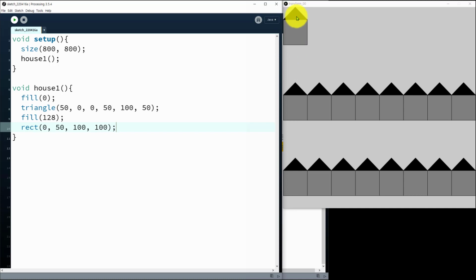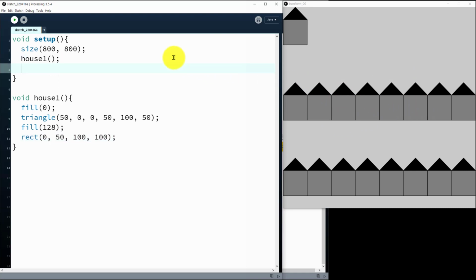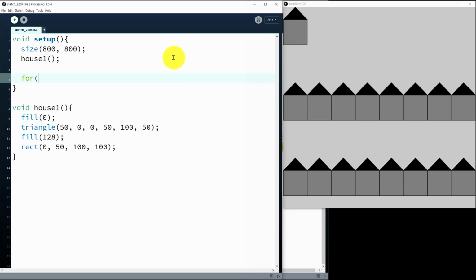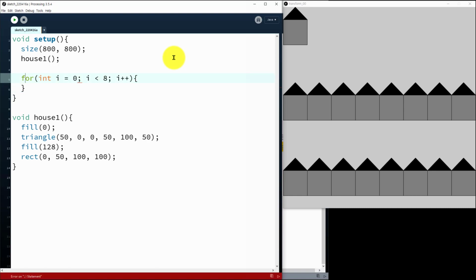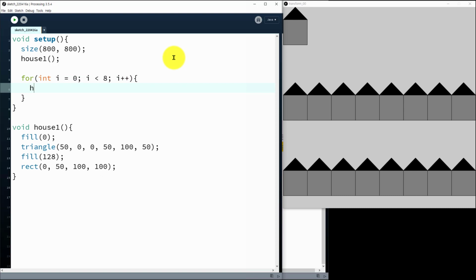So that's it for just one house image, but let's make 8 houses together. So we need to call the house1 function using a for loop, right? So let's use for int i equal 0, i less than 8, i plus plus. And inside the for loop, I'm gonna call house1.